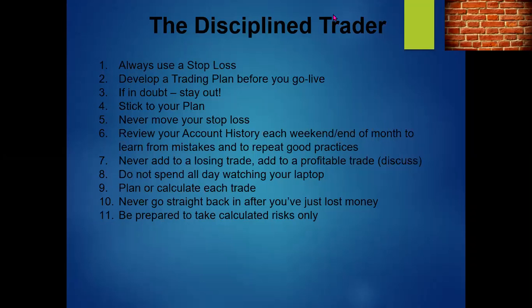We can add to a profitable trade. So if we've opened up a trade on cable, for example, at 1.300, and it's given us $100 profit, we may want to close 50% of that trade and bank that, and then we may want to open up another trade with reduced volume that doesn't take away the $50 that we've made, if we believe that the trade is going to continue to go up in our direction towards another resistance.